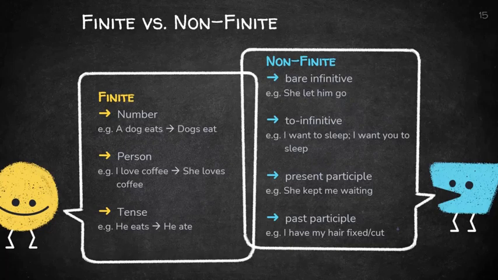But if I say she let him go and he didn't want to, it becomes two clauses. She let him go as one clause. He didn't want to as the second clause. Okay, but the word go is still attached to the word let here as one single clause.